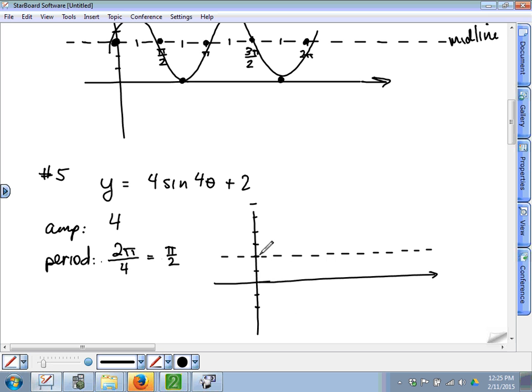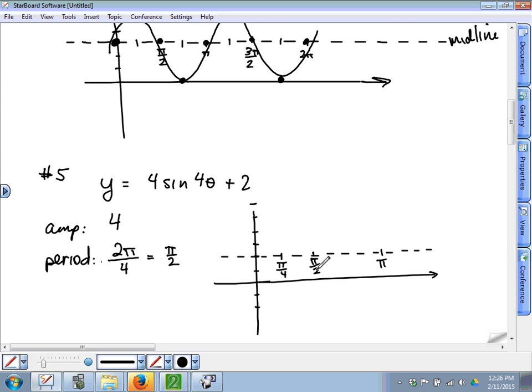Okay. And now I'm going to mark up the midline with the period. So the period is pi halves. Let's write about here. The next cycle would end at pi halves plus another pi halves, which is pi. And then you break these up into smaller segments. Halfway between pi halves and 0 is pi fourths.